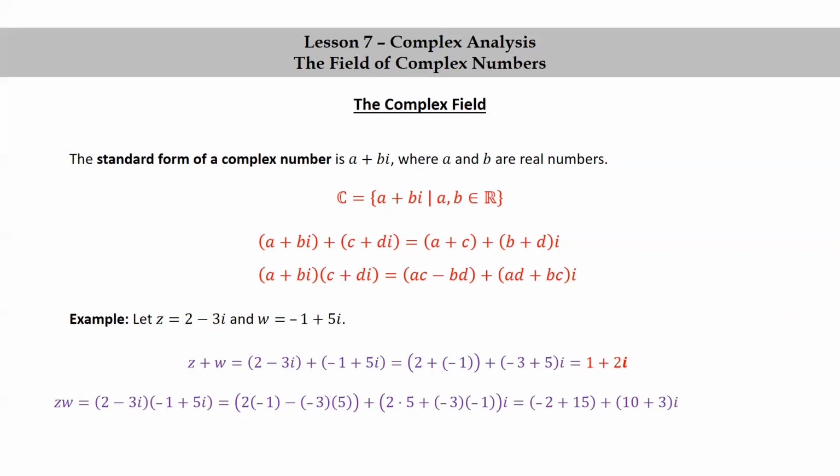That's negative 2 plus 15 plus 10 plus 3i, which is 13 plus 13i.